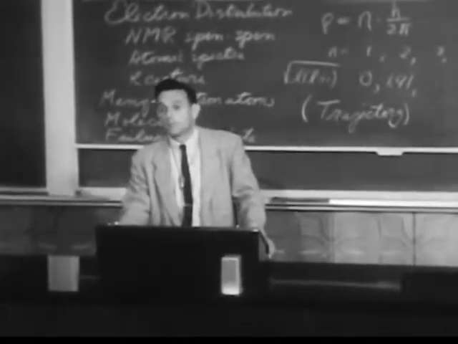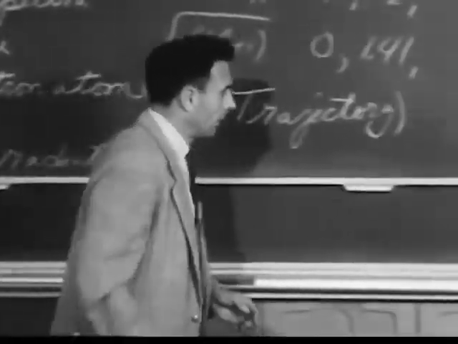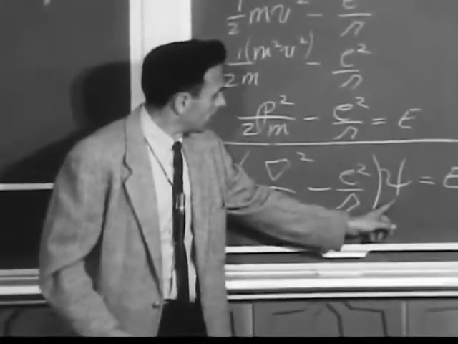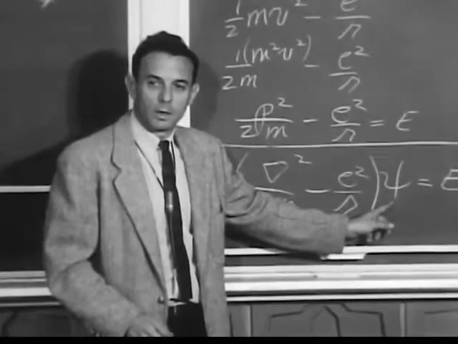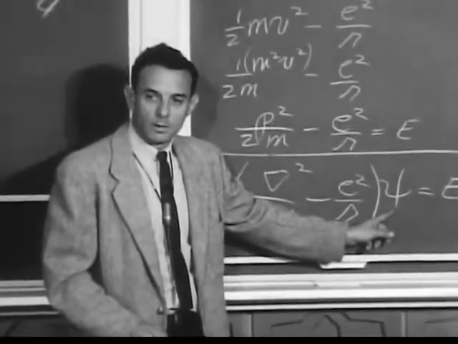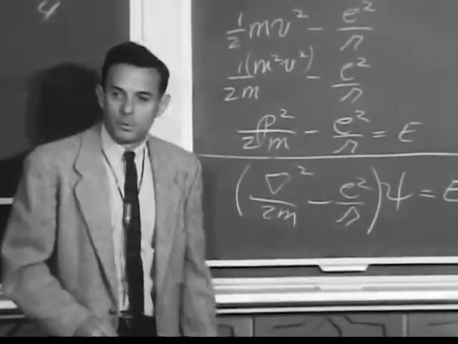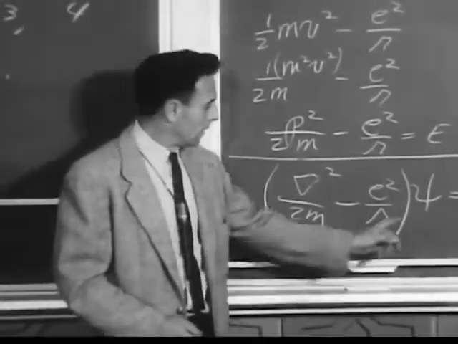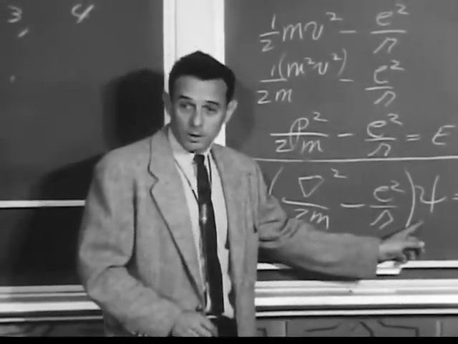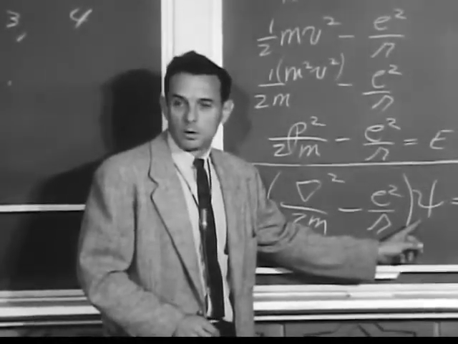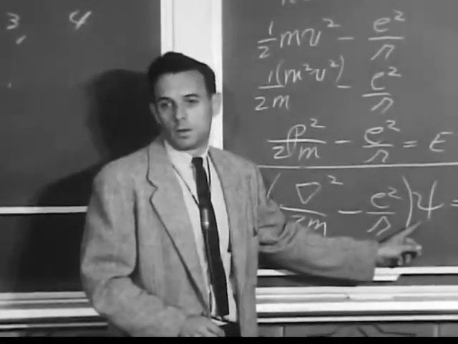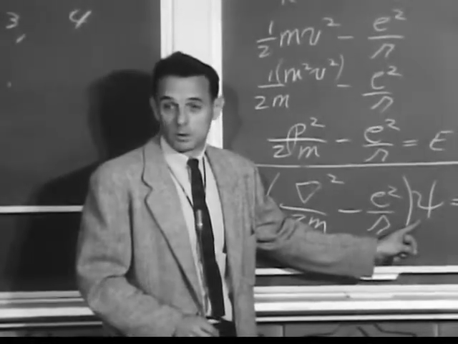Sir? Professor Pimentel, can you give us more information about the letter psi? You refer to this Greek symbol psi. It conveys all we know in quantum mechanics about the position of the electron. And for our purposes, we are interested in its square. The square of the quantity psi gives us the distribution which you saw in the film, the probability distribution.